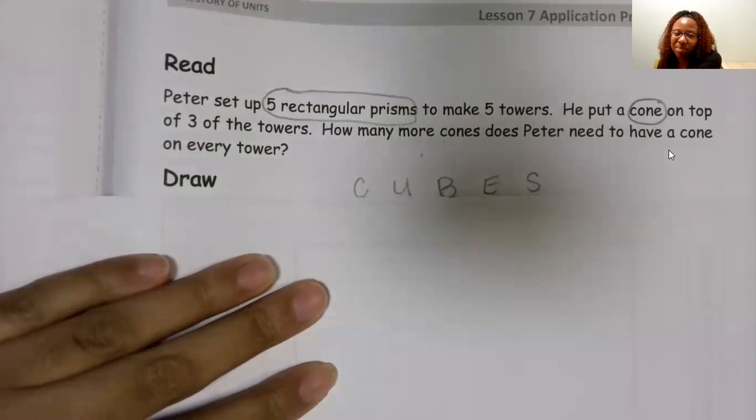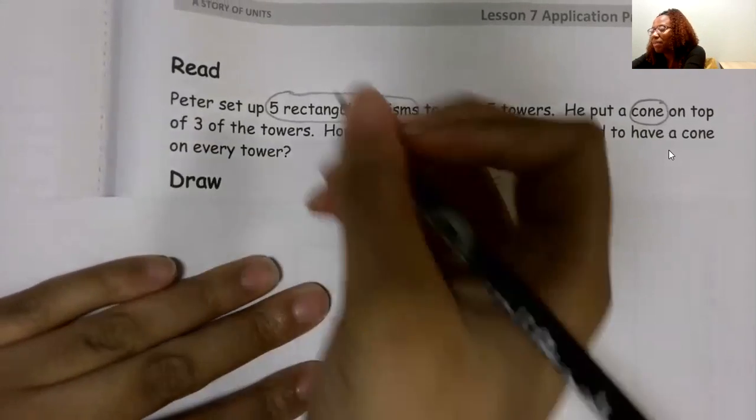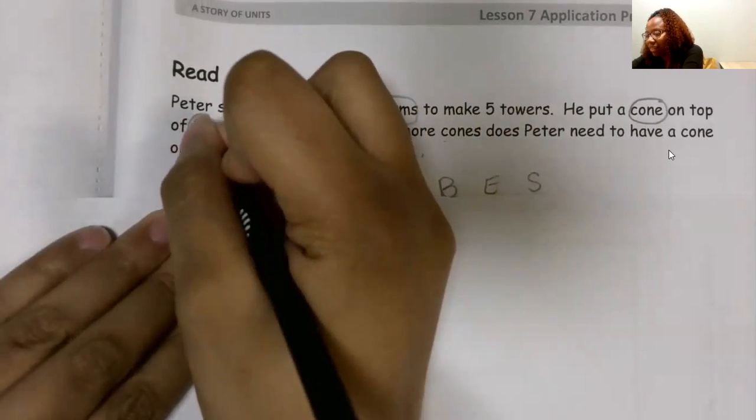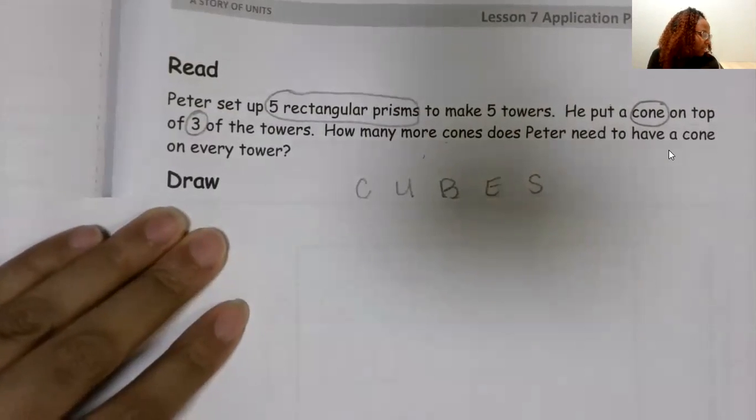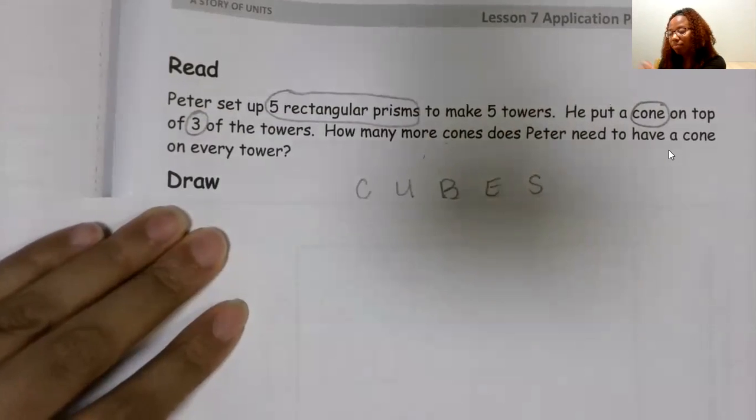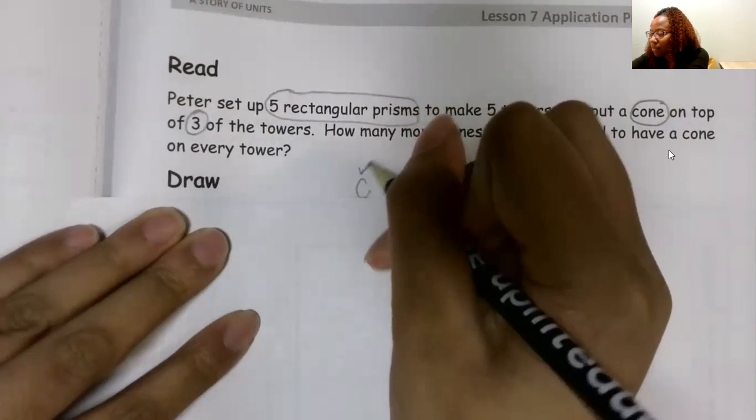And it said he put the cones on top of 3 of the towers. I kind of gave it away, but we're going to circle 3 because that also tells me how many I need to draw. So we completed the C in cubes.